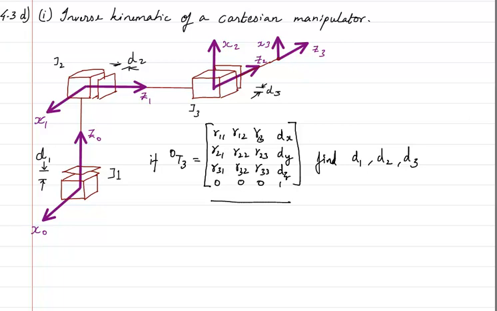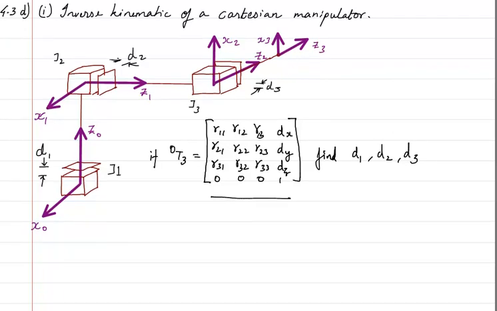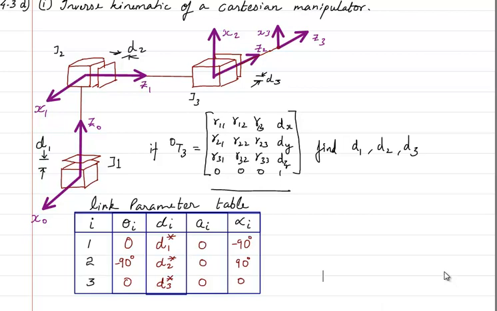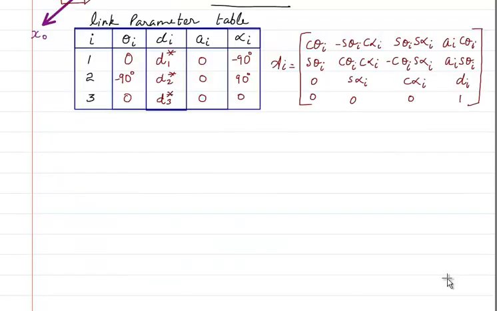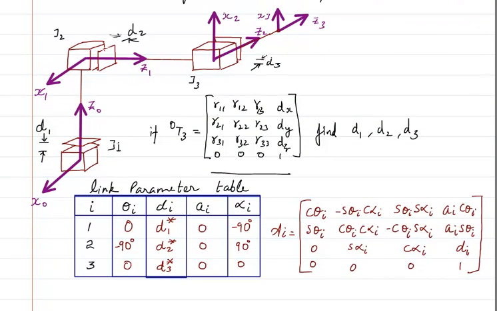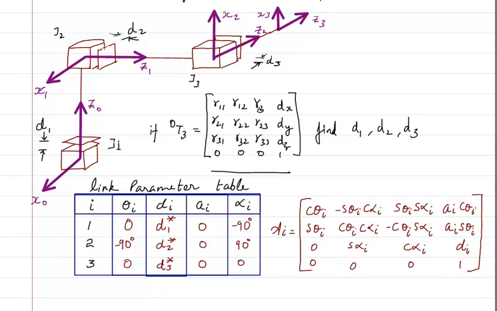We have already done the link parameter table for this one, which can be rewritten as this, and based on this table I can find a1, a2, a3 following this equation. So from the link parameter table, we can get a1, a2, a3 by substituting the values.